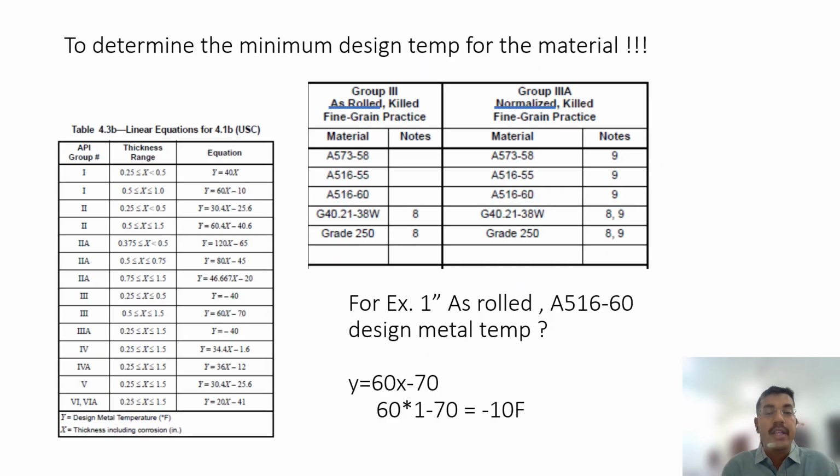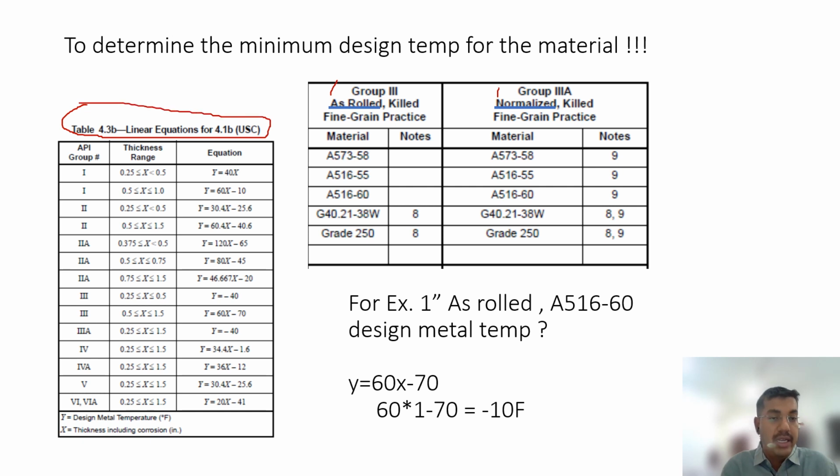To determine the minimum design temperature of the material, as I told you, you have to check for as rolled and normalized materials. If a question gives a material and a thickness and asks for the design metal temperature, you have to find an equation which is given in Table 4.3.